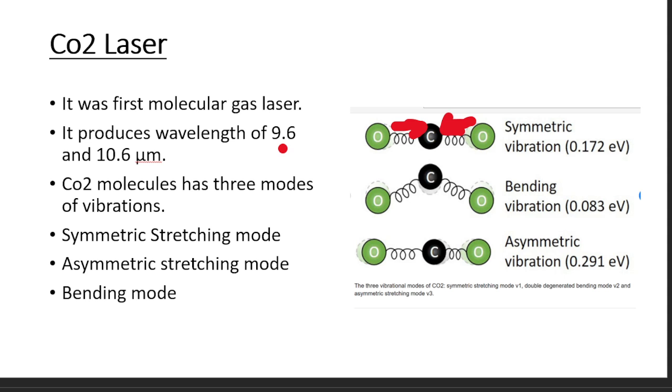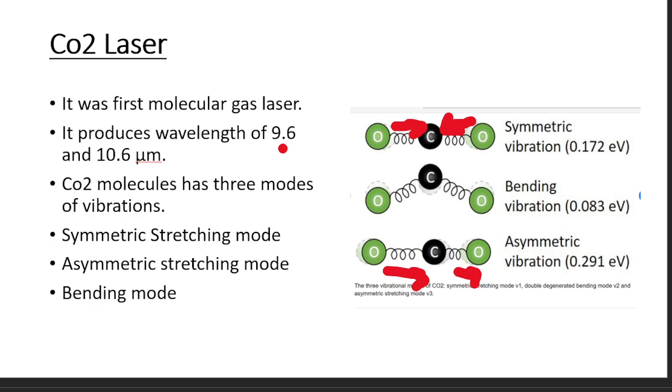That means your carbon atom is at rest and both the oxygen atoms move towards the carbon or away from the carbon atom simultaneously. In asymmetric stretching mode, one of the oxygen atoms will move towards the carbon atom and another one will move away from the carbon atom. That means the vibrations of the oxygen atoms will be opposite.